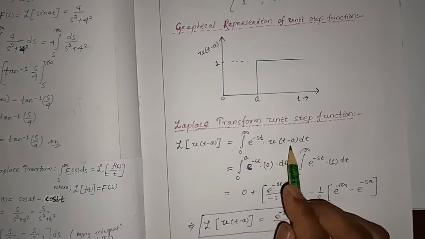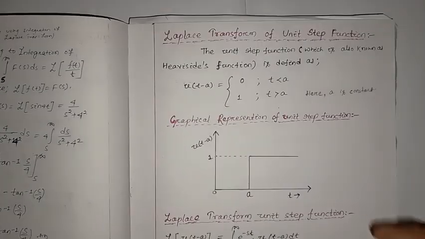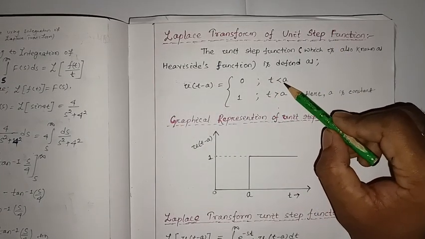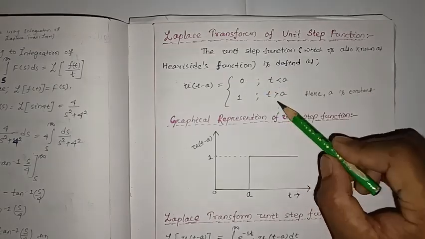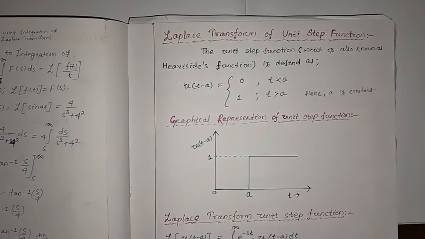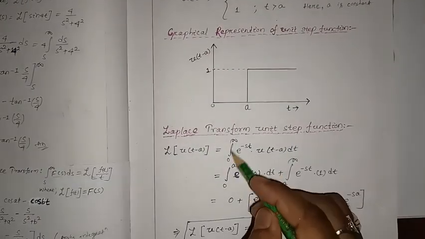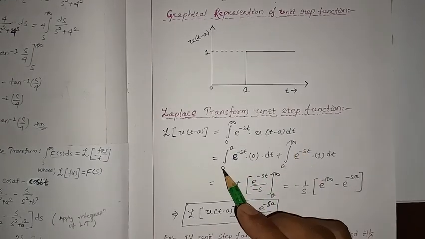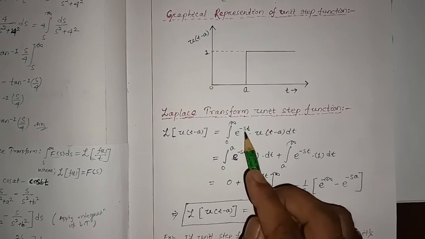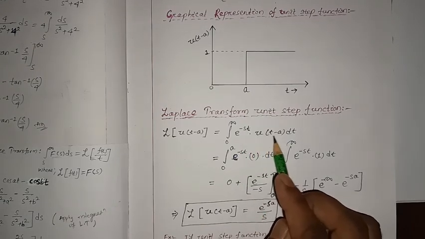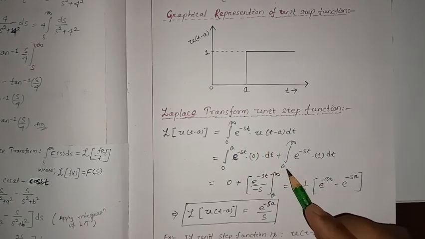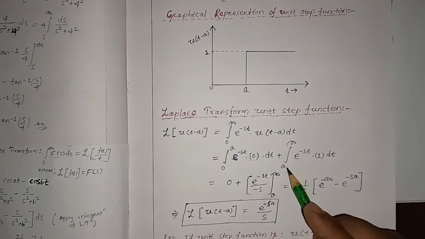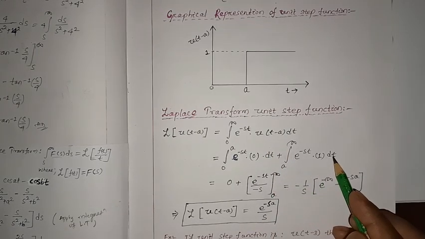Here u(t minus a) is 0 from 0 to a, and above a it is 1. So I am going to segregate this limit as 0 to a, then a to infinity. Integral from 0 to a of e to the power minus st into 0 dt, plus integral from a to infinity of e to the power minus st into 1 dt.